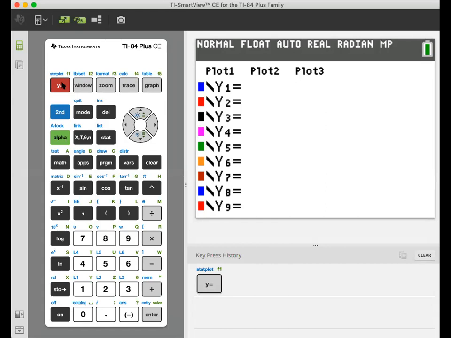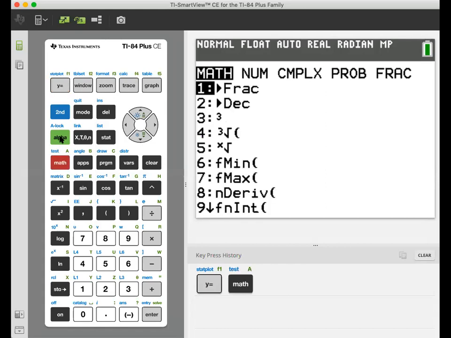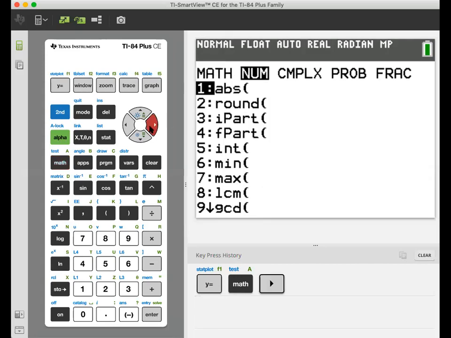But to find it, we're going to start by hitting y equals. You want to get into the graph functions first. And then without hitting anything else, you're going to hit math. At the top, you're going to notice there's all these menus. It's not in this first math menu. You're going to have to hit the arrow one to the right, so NUM should be highlighted.